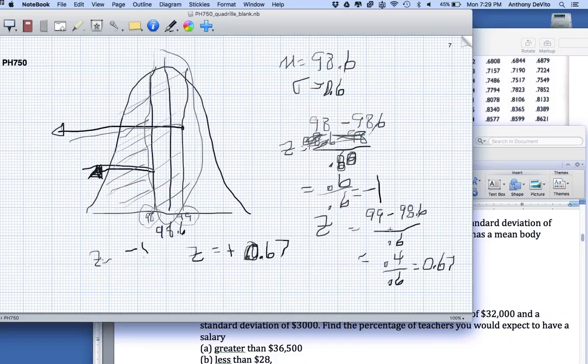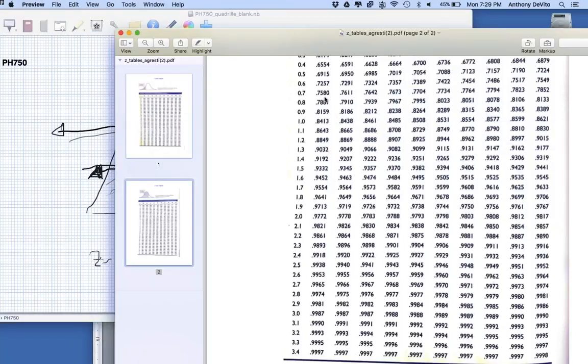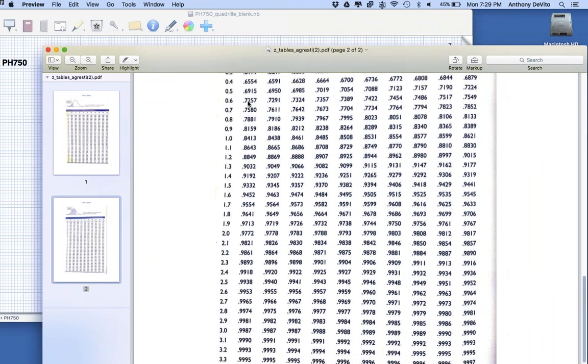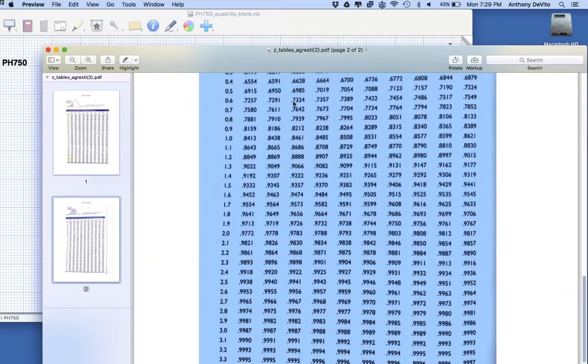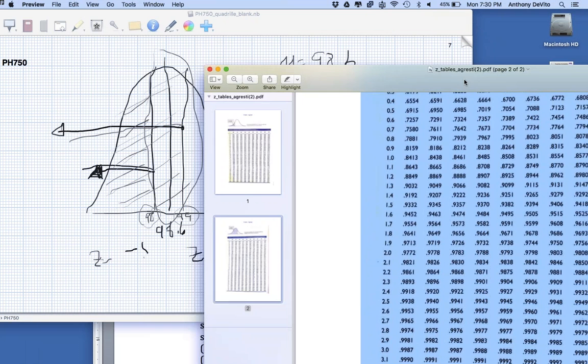Okay, so let's look it up. What is the area that's represented by z-score of plus 0.67 in this case? Let me find it. Plus 0.67, 0.6. Well, the third significant digit, I have to go 0, 1, 2, 3, 4, 5, 6, 7, 7486.